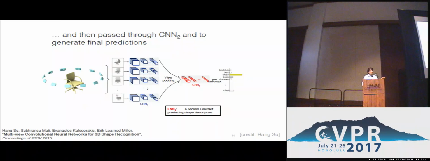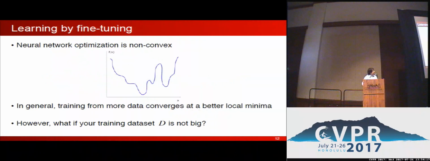Now, a key thing here is that you don't take all these filters, all these layers, and train them from scratch. An important thing here is that optimization in neural networks is kind of hard, you can have many local minima, but the more data you have, the better.